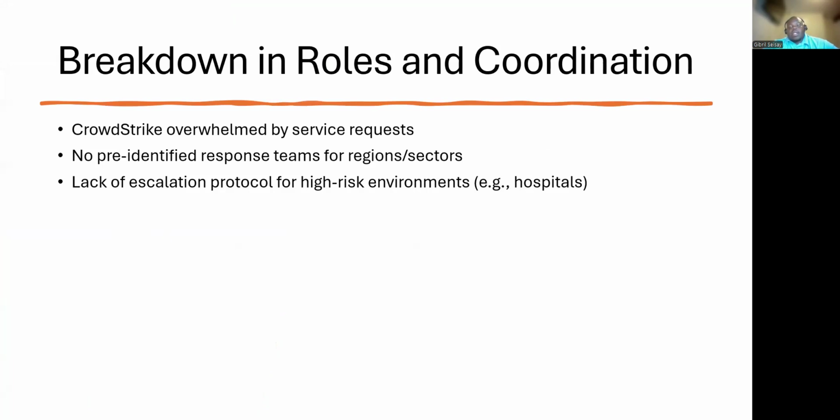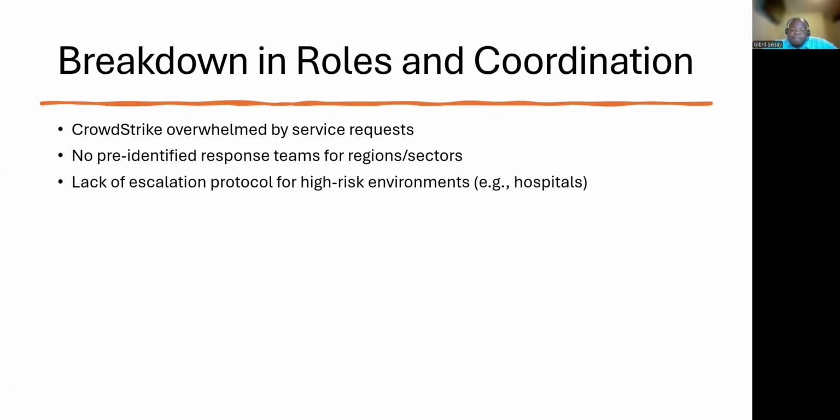Breakdown in roles and coordination. There was no structure here, guys. There was no structured disaster recovery team, so no one was ready for this. And when it came to CrowdStrike's customer support, with an outage like this, everyone is calling in trying to get support on these Windows devices, so of course all their service lines were overloaded.